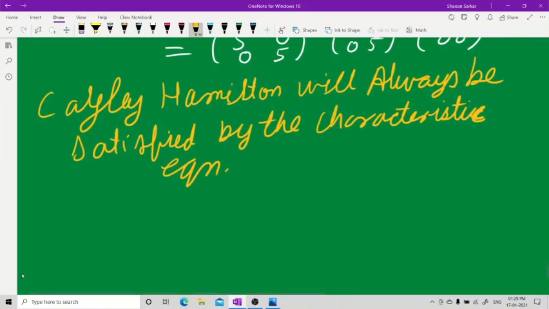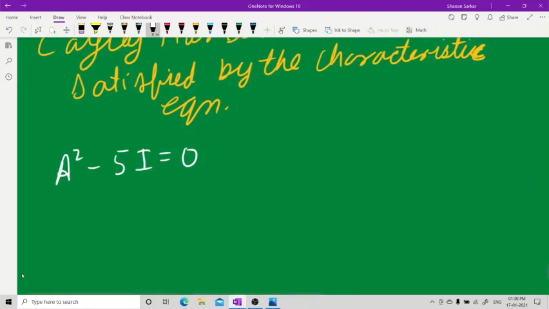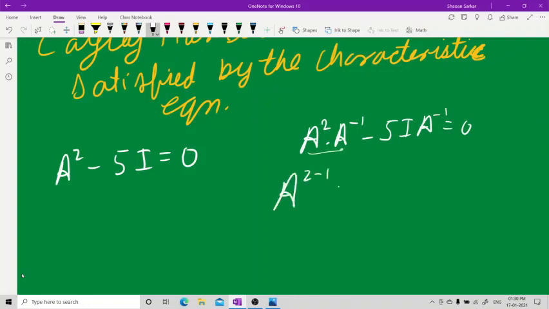Now we have seen that A square minus 5I equal to 0. Multiply A inverse on both sides to find A inverse. A square A inverse minus 5I A inverse is equal to 0. So A to the power of 2 minus 1, bases are same, powers are to be added, minus 5A inverse equal to 0.